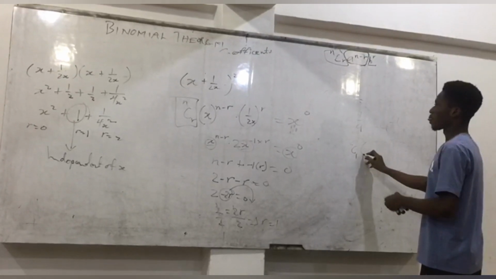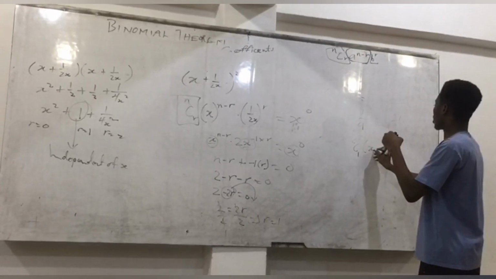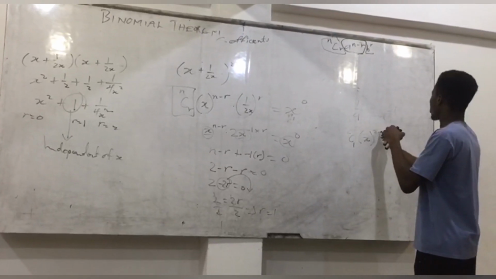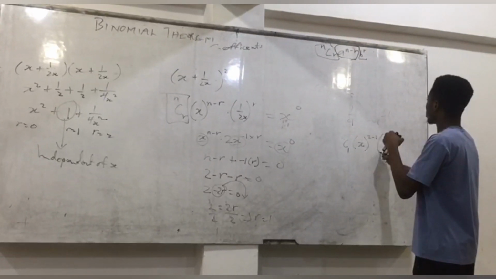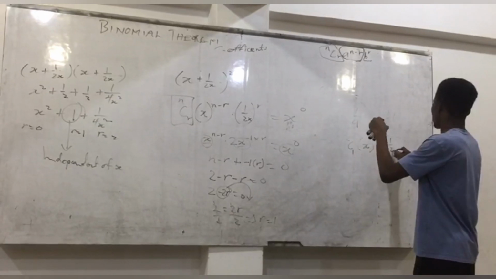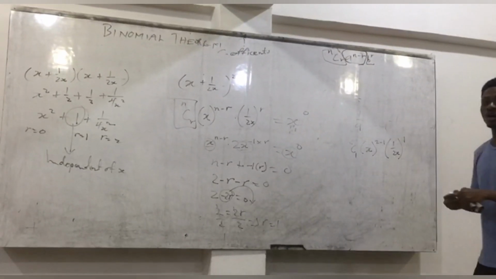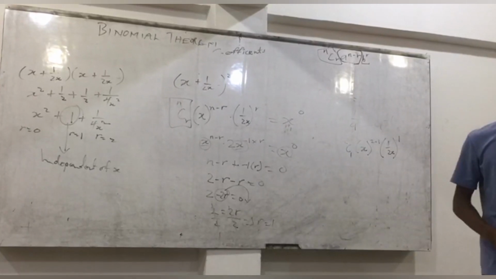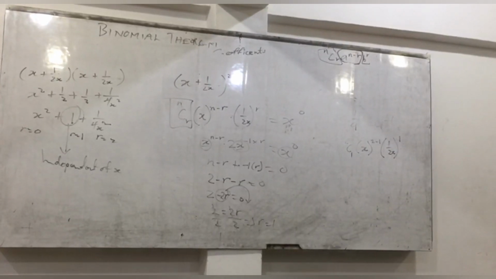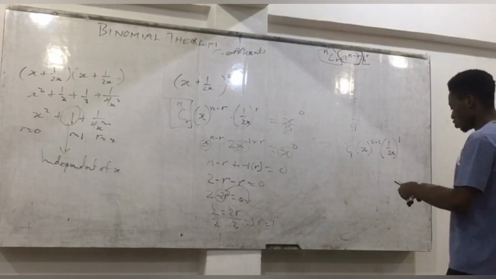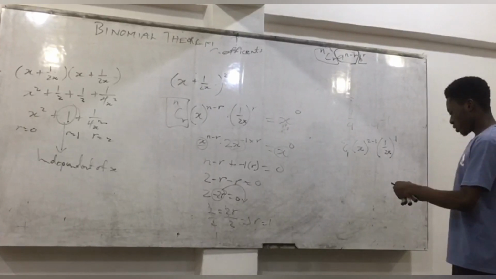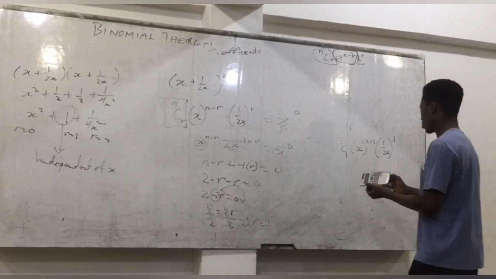What is the a? A is x to the power 2 minus 1. And what is the b? 1 over 2x to the power 1. So this time around, you just put everything in the formula and you find it. So it becomes 2 combination 1, which is 2.